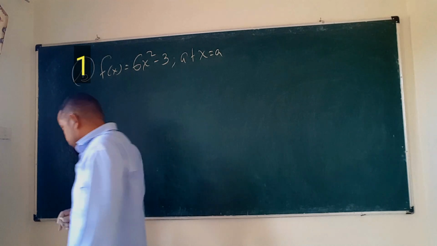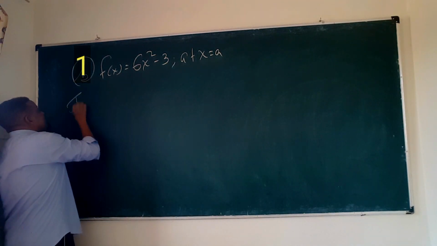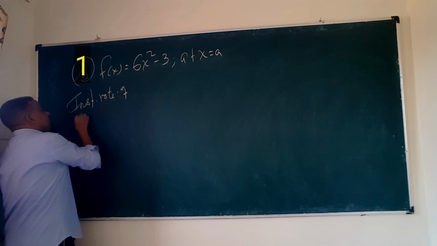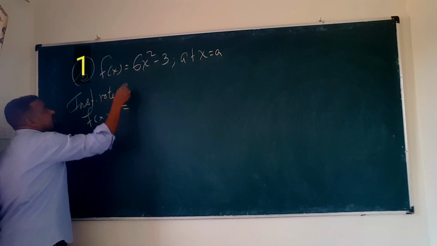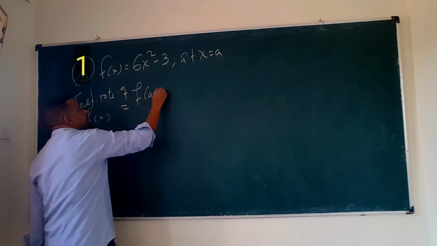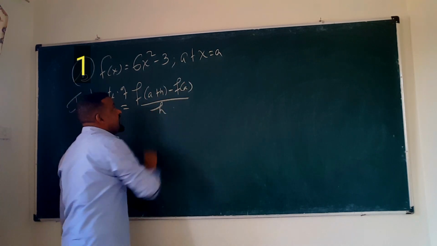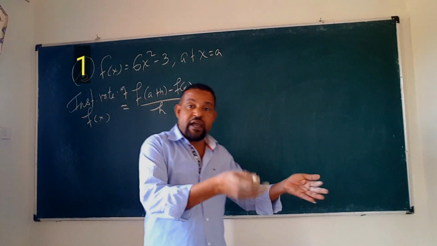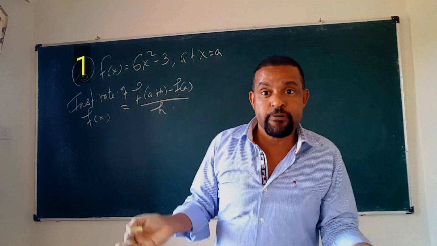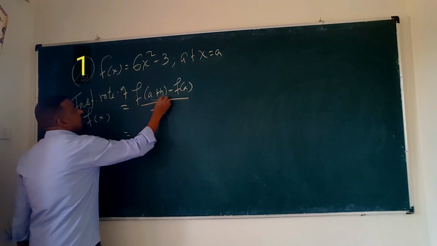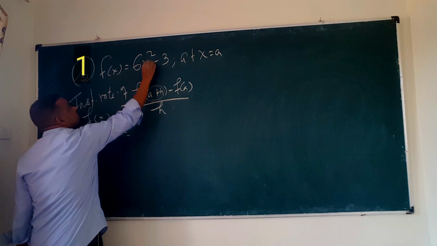Good, so the instantaneous rate of f of x is given by what? That means f of a plus h minus f of a over h. You can also use f of x minus f of a over x minus a, right? So a plus h goes in place of x.